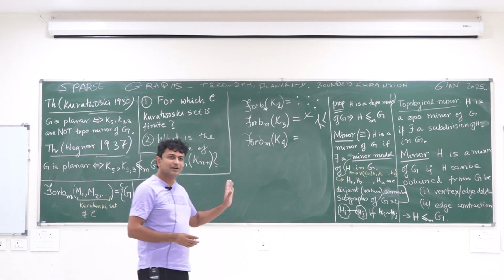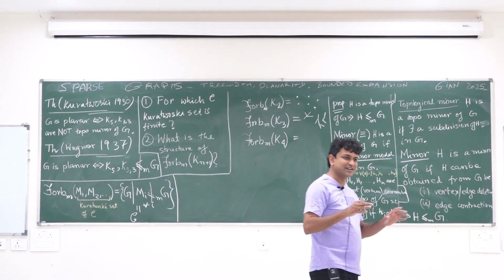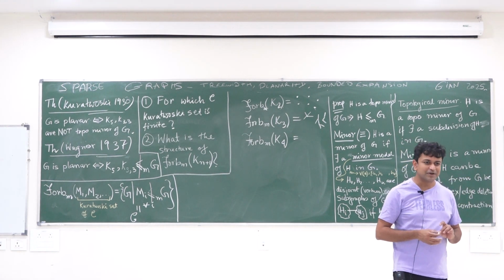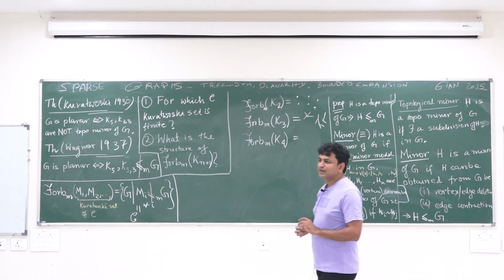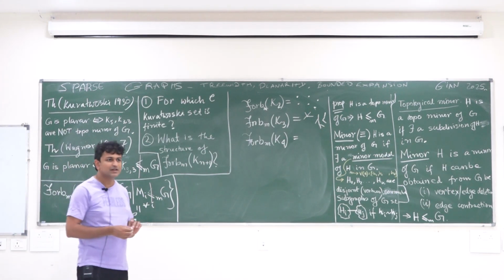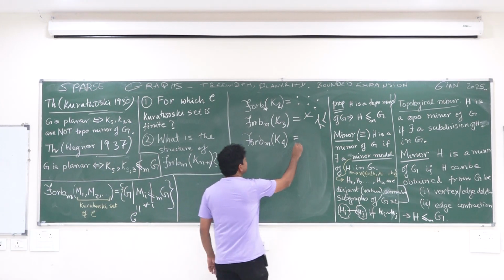So it is a known class of graphs that you have studied this time. It is a superclass of outerplanar. It's actually the partial two-trees. So I will just write it.